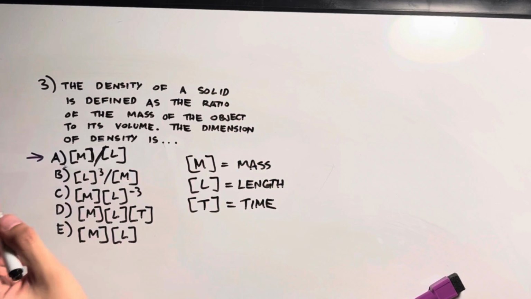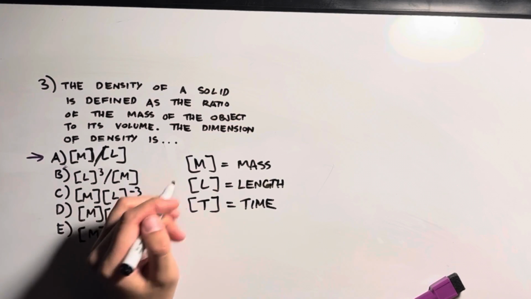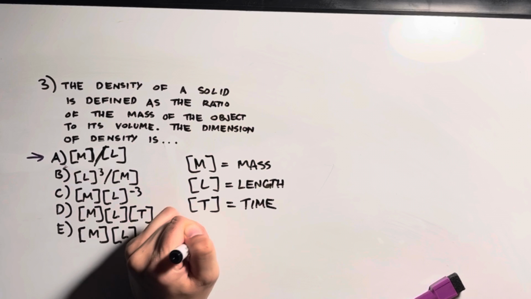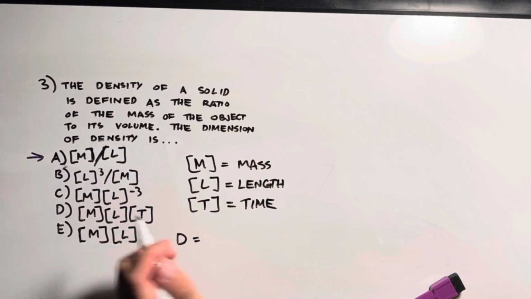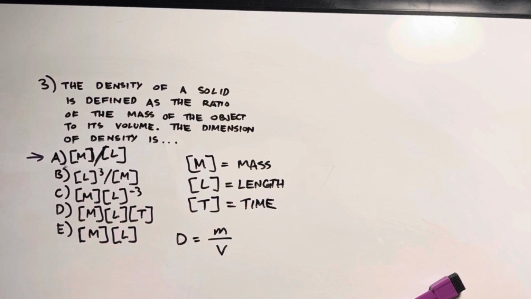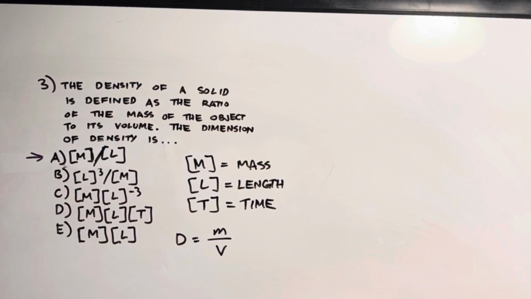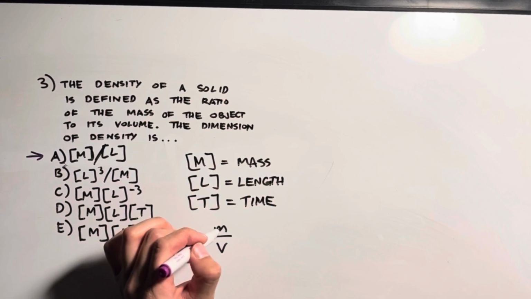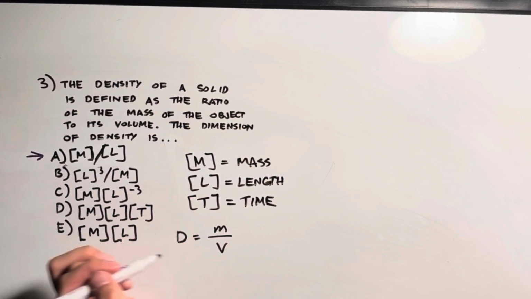And as the problem states, density is defined as the ratio of the mass to its volume. So we already know A is incorrect because, if L is equal to length, we don't divide our mass by our length.